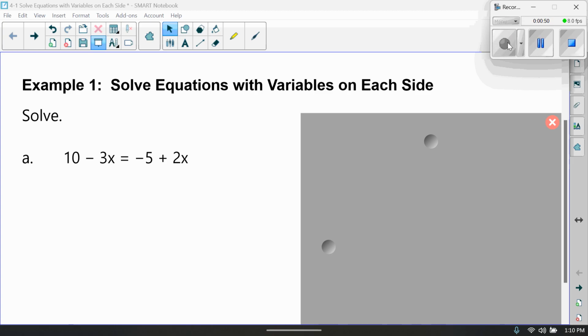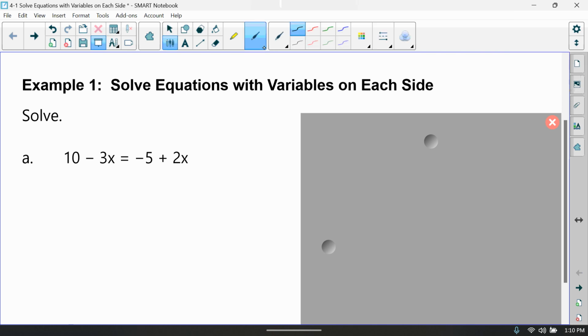So we want to have all of the variables on one side and all of the constants on the other side. Okay, so I'm going to draw the line. Oops, let me use green. So a dotted line here, so we know where the equal sign is.